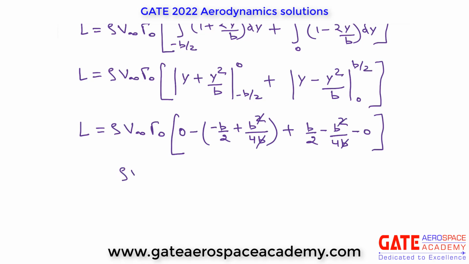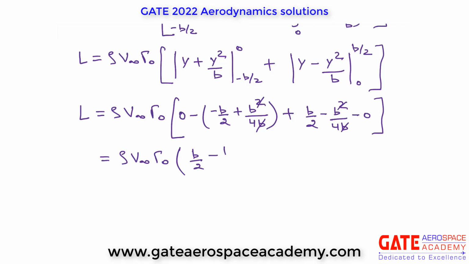So we will get rho v infinity gamma naught bracket, b by 2 minus b by 4 plus b by 2 minus b by 4.